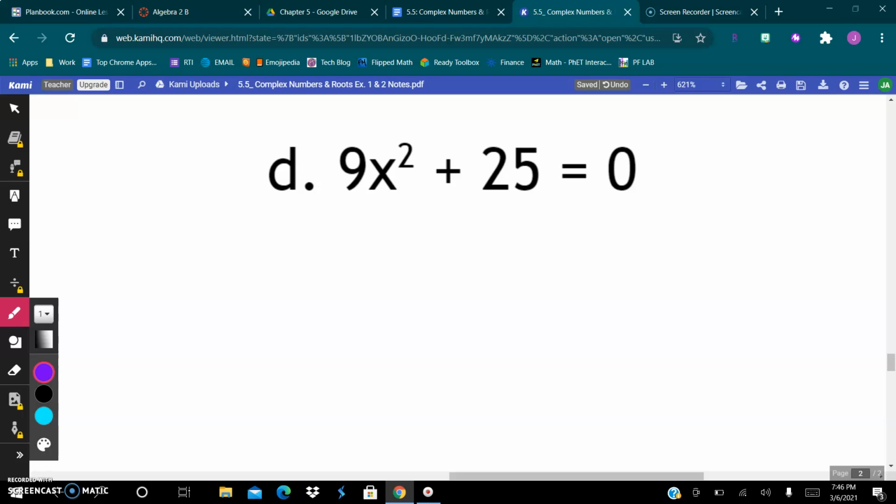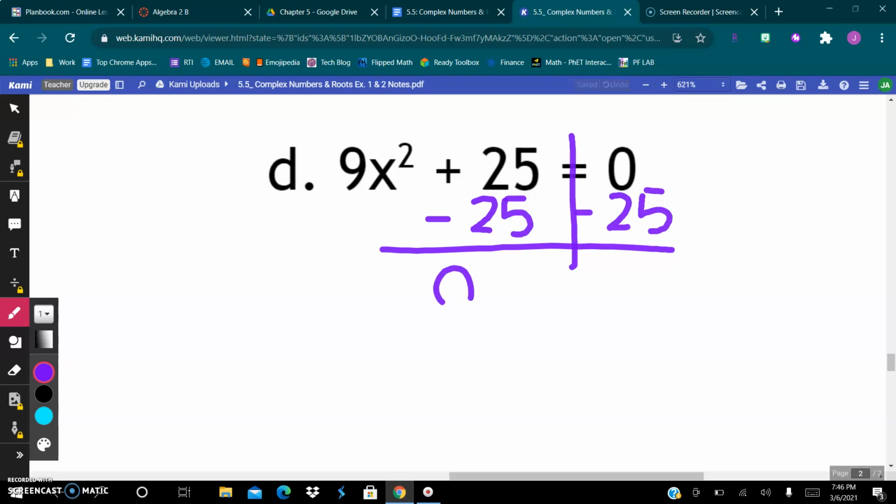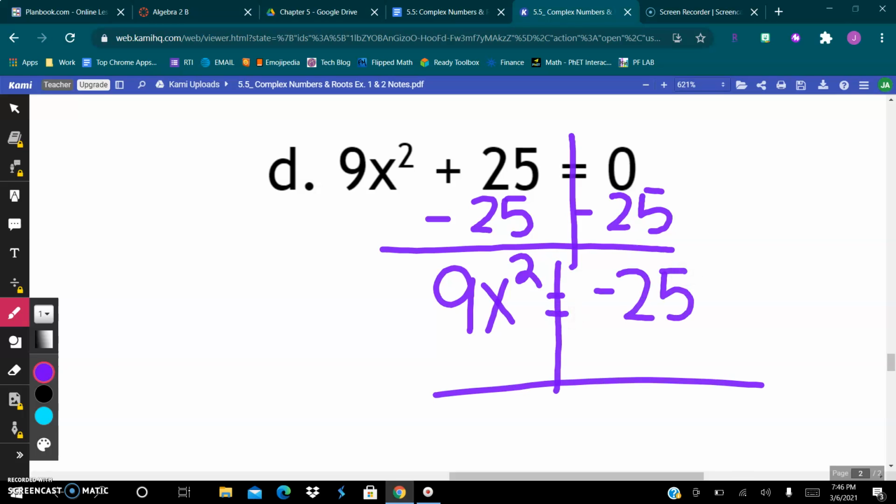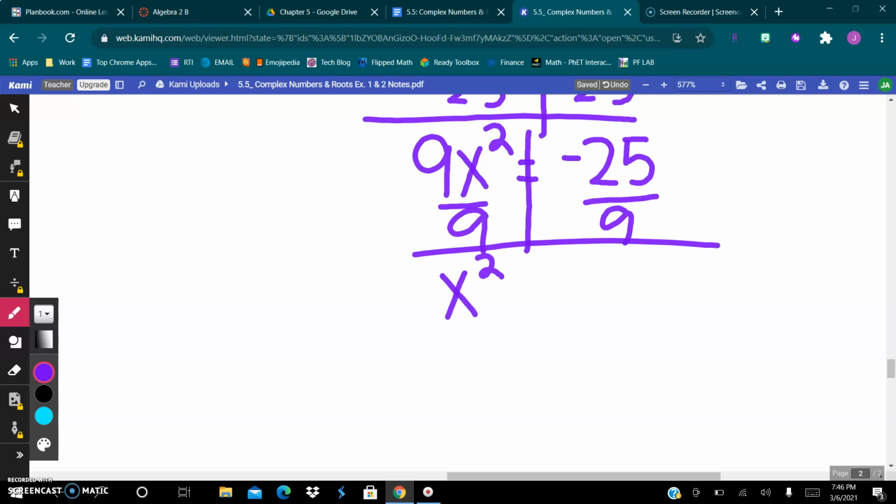And then for our last example, we are going to isolate x squared again. So we're going to subtract 25. So we have 9x squared equals negative 25. And then we're going to divide by 9. So we have x squared on this side. And as you notice, we cannot do 25 divided by 9 to get a nice number. So I'm going to leave it with negative 25 over 9 right now.